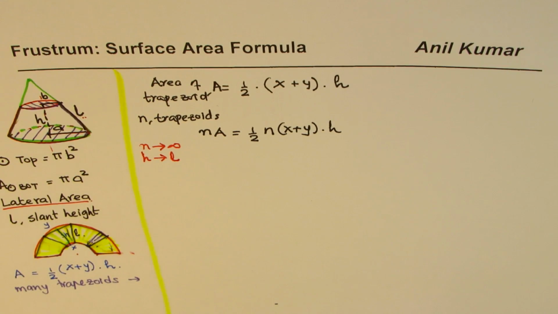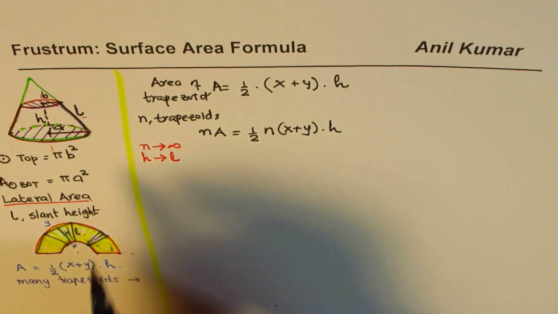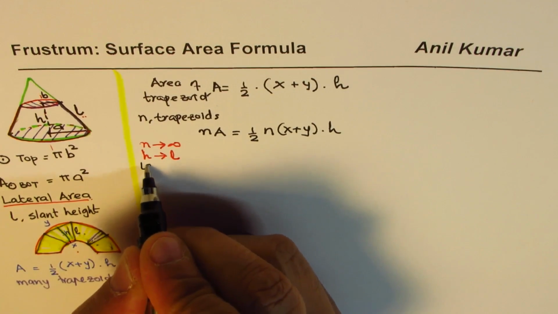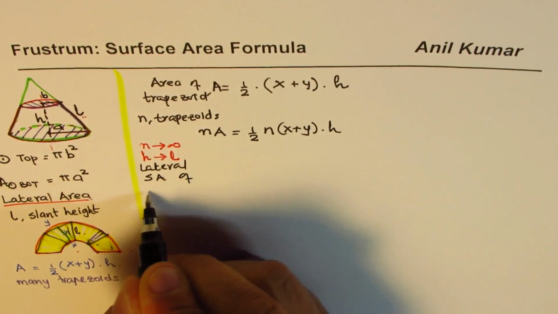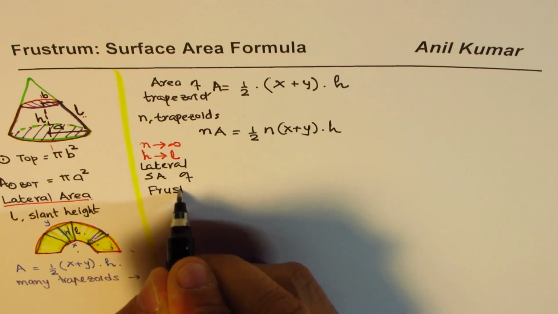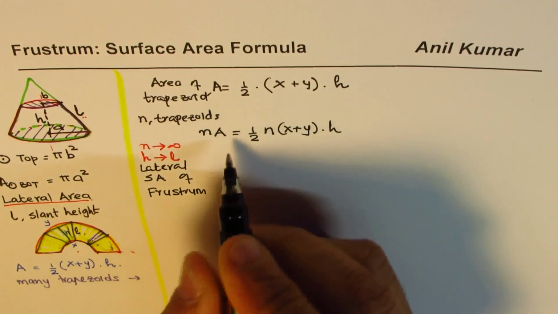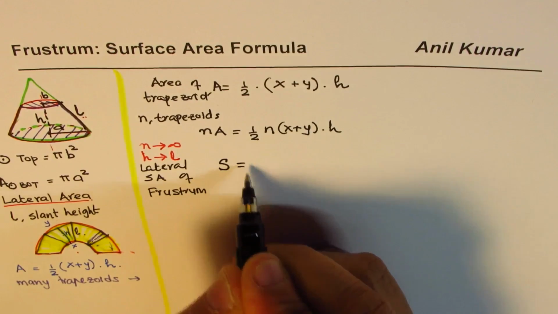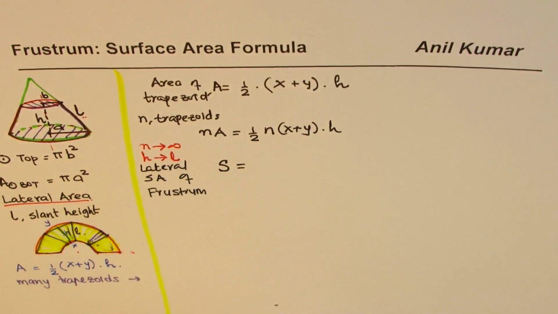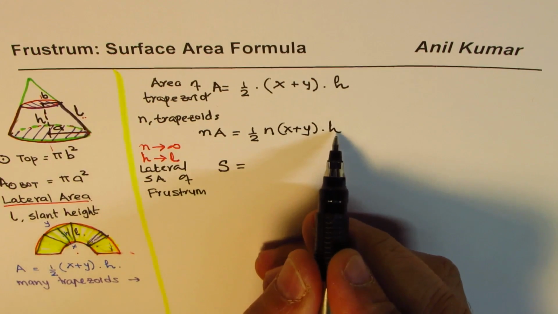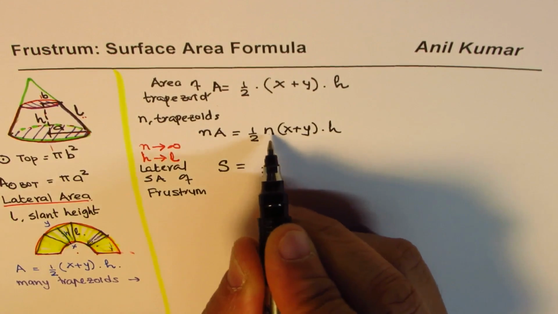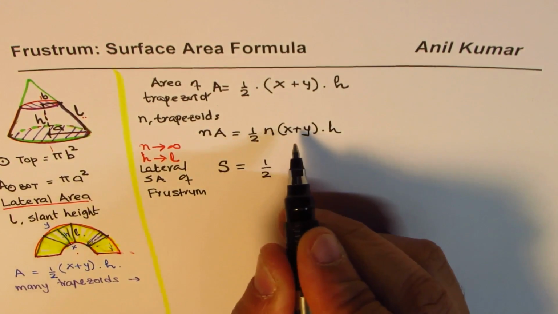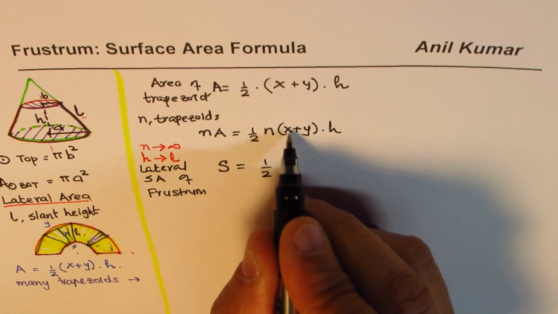The more trapezoids there are, the closer it is to the surface area of the frustum. So if we do that, then we get the lateral surface area of the frustum. Do you get the idea? Is that okay? So let me call this S, where n is very, very large. In that case, my height will be L, right? So I have half of, if n is very, very large, let me take this n inside.